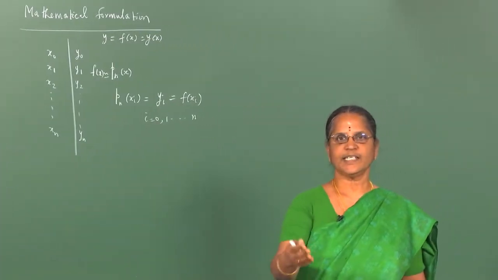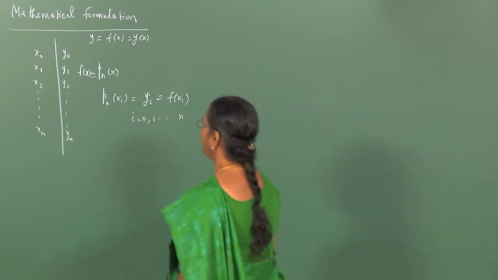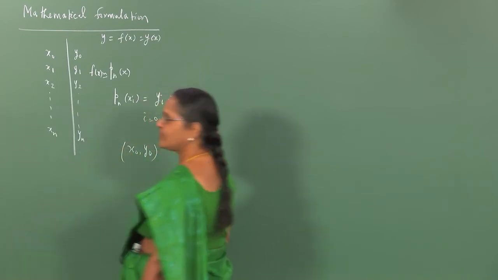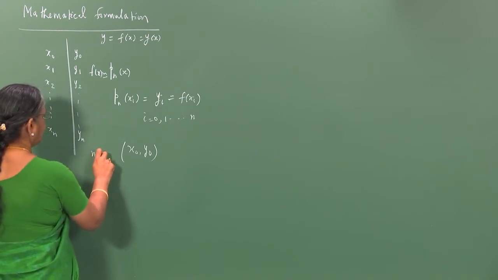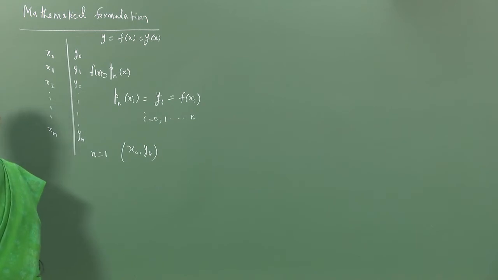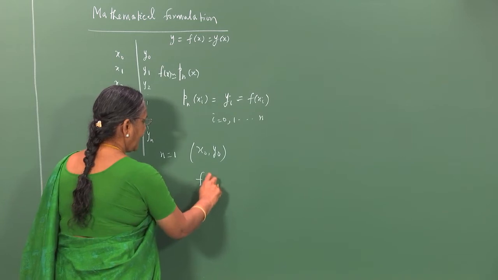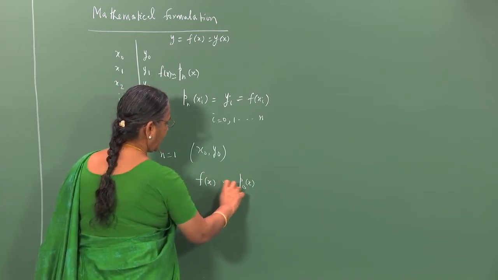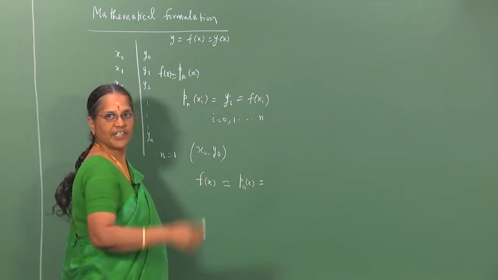So, the question is, does there exist such a polynomial? What happens if suppose I am given say information at one point x0, y0, namely n is equal to 1? Then in that case, yes, the construction of a polynomial is obvious. So, I can take a polynomial say p0 of x to approximate the function such that it is the constant function.